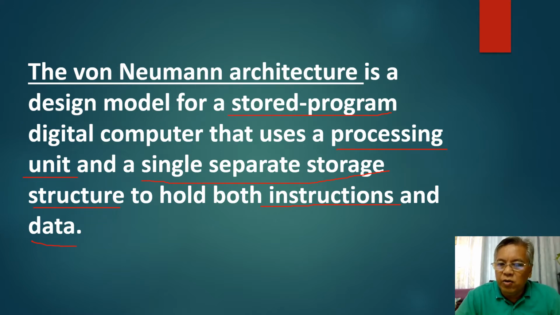Unlike in the old type of computer, there was no storage structure or memory that could store both instructions or programs and your data. So that is the von Neumann architecture. It introduces the stored program digital computer, which uses separate storage for your instructions and data to be stored, and it also uses the so-called processing unit, which is now called your central processing unit.